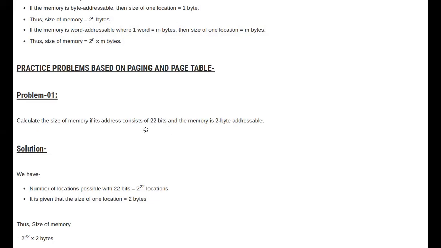So you need to tell the total size of the memory if its address consists of 22 bits and the memory is 2 byte addressable. 22 bits means how many different locations are possible? 2 raised to the power 22 are the total locations. If you are multiplying this by 2, it will give you the exact amount in bytes.